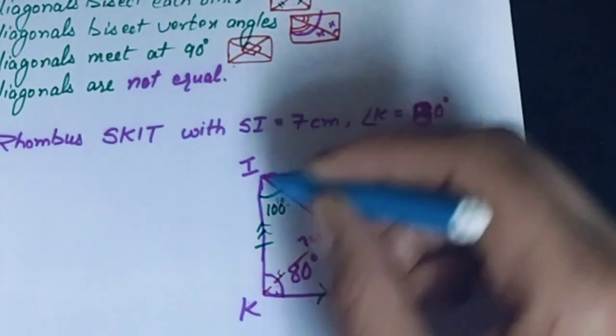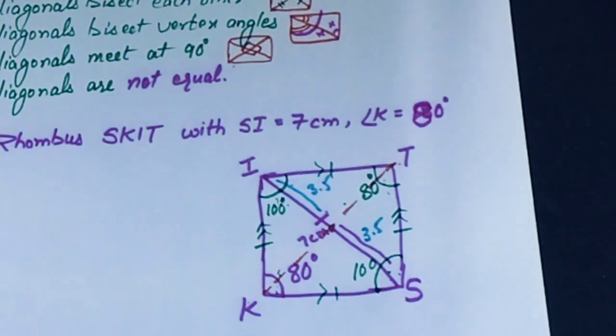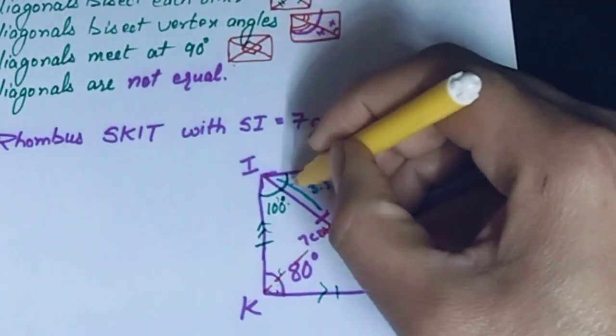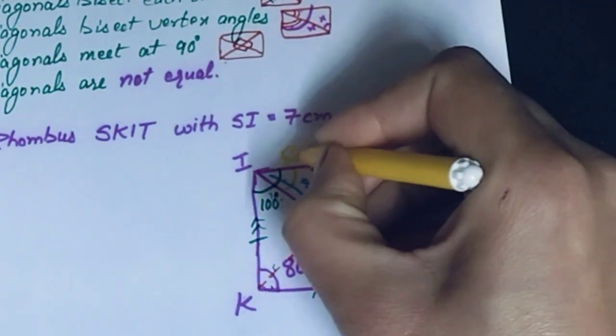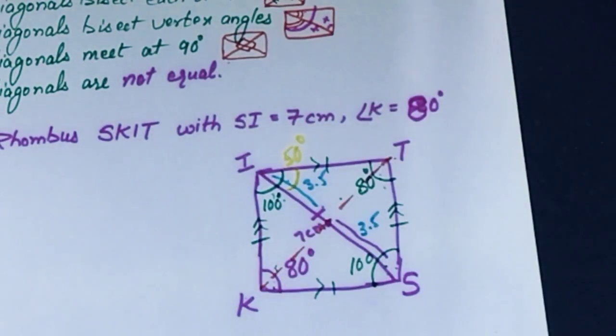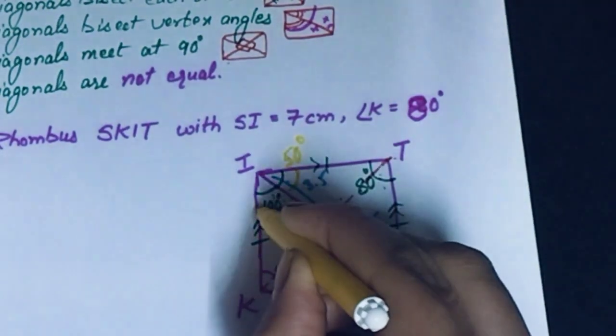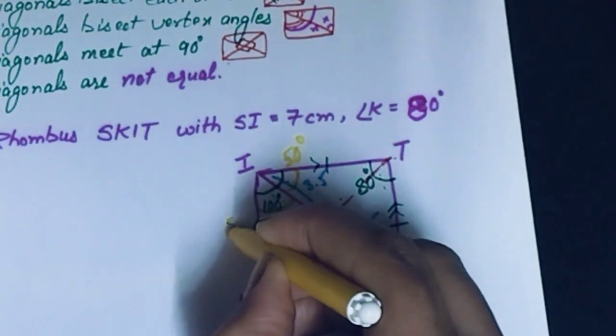For what did you get to know? That this angle here, let me label it with some other prominent color. Let me take yellow. So this angle here is 50 degrees, and this angle here is also 50 degrees.